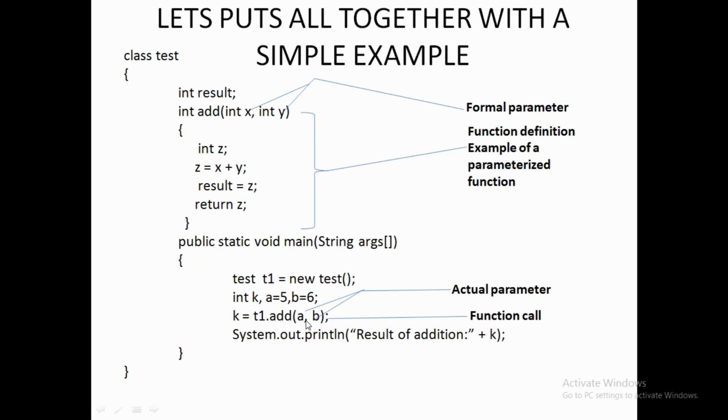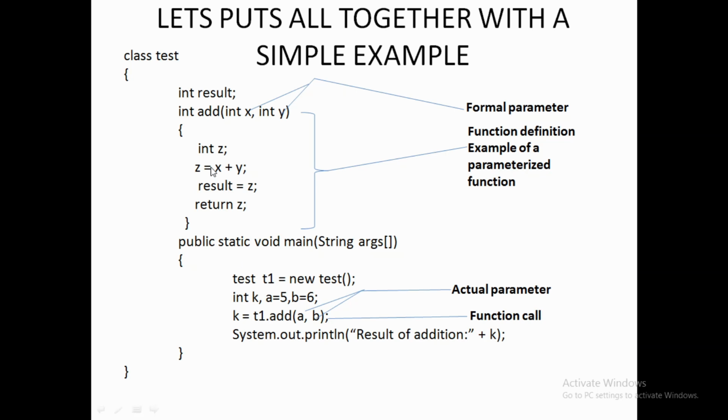Now after the function call occurs, the program execution sequence jumps from this function call to the function definition, and these values of a and b will be copied into x and y. So in this case, after this function call occurs, the values of x and y become 5 and 6.